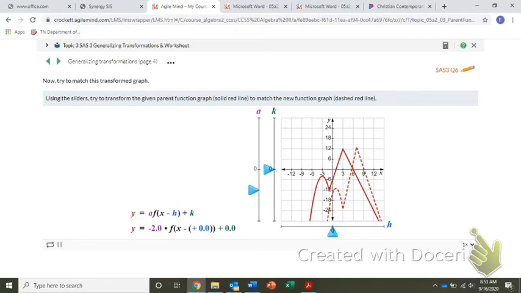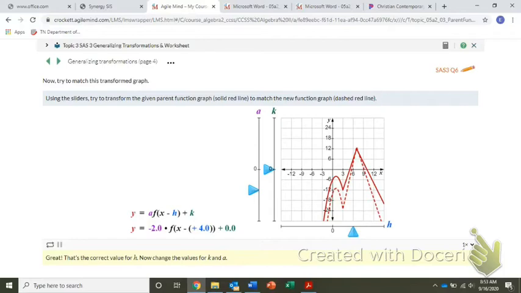It kind of looks the same. So, K, do we have to move up any? Don't really look like it. But H, we're going to have to move it to the right. Now, you notice that the solid line is still a little bit wider. So we're going to have to keep going down to make it more narrow.